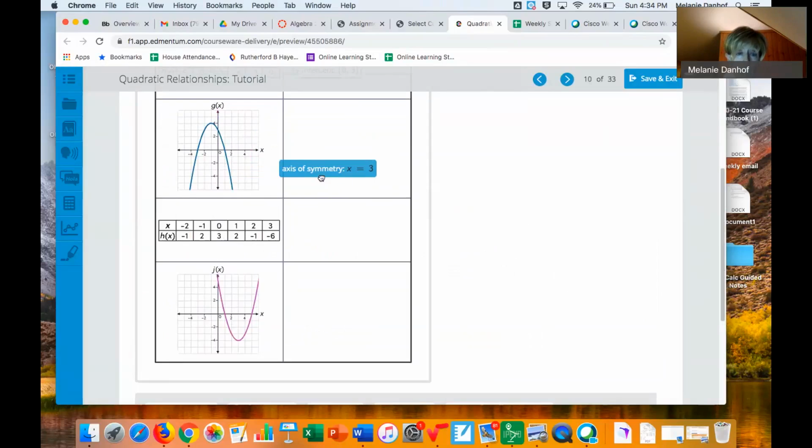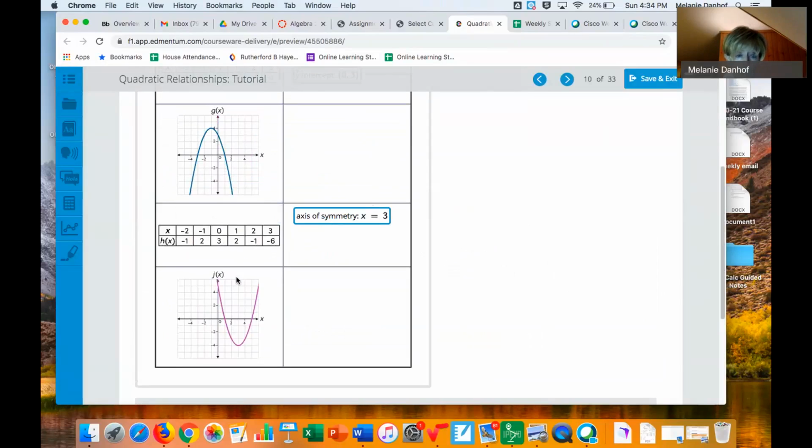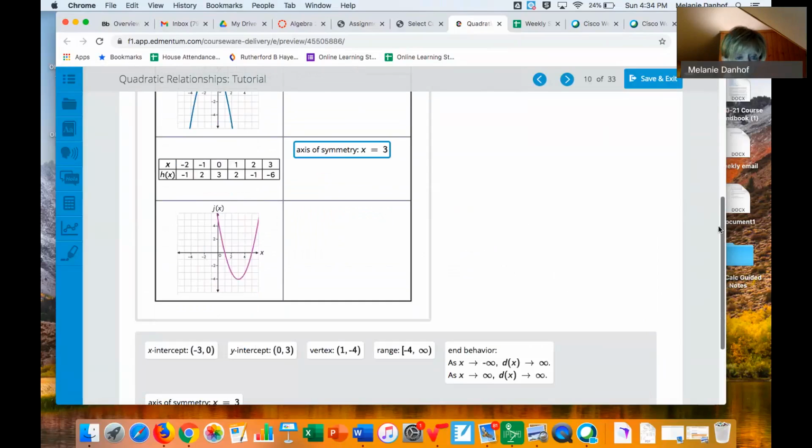If you drew that line right through the middle, it would go right through the vertex. Our vertex, again, that wasn't an option here. A y-intercept looks like it's 0, 5, so we don't have that. X-intercept is at 1 and at 5, so that's not an option.